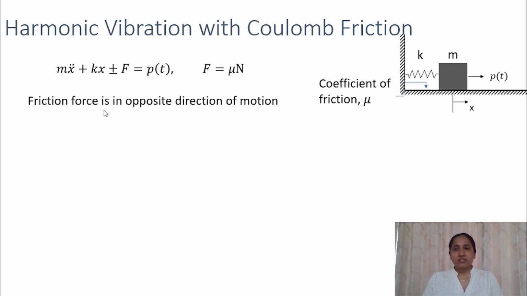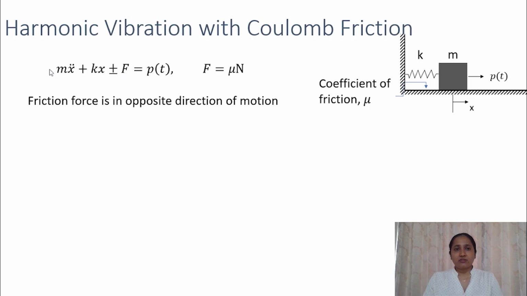The friction force is in the opposite direction of the motion of this mass. So if the mass is moving towards the right, the force will be acting towards the left, and when the mass is moving towards the left, the force will be in the right direction. Because of that, we have this plus or minus sign in this equation of motion. In each half cycle, this sign will change.